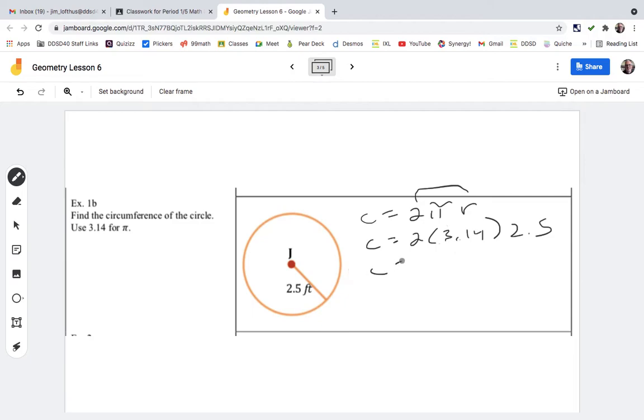So 2 times 2.5 is 5. 5 times 3.14 is 15. Let's double check here. 5 times 3.14 is 15.7. And that is in feet.